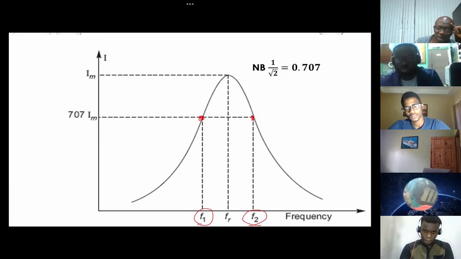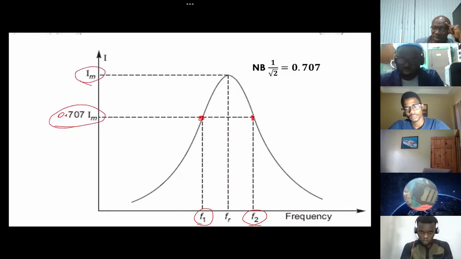And they correspond to a current of 0.707 times the maximum current. So at FR, we have the maximum current. When we get to F1 and F2, we have the current being reduced by a factor of 70%.